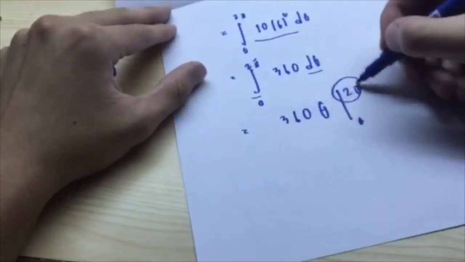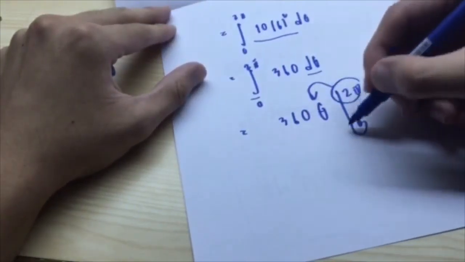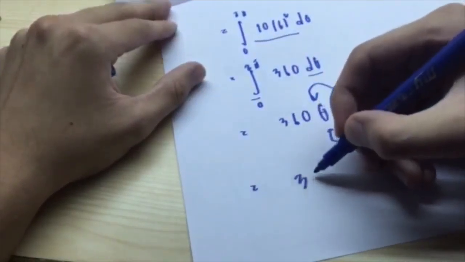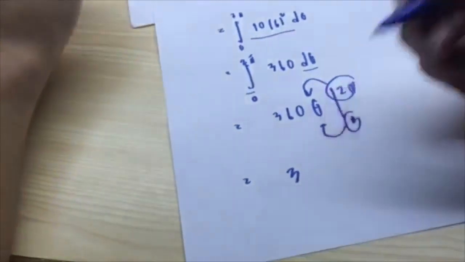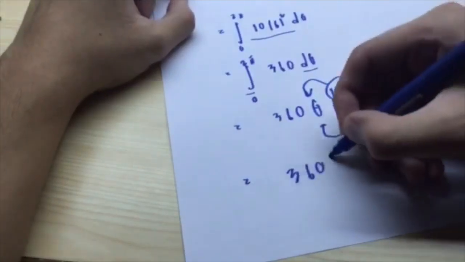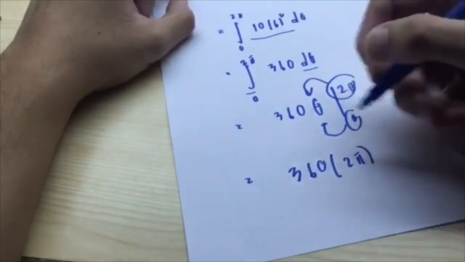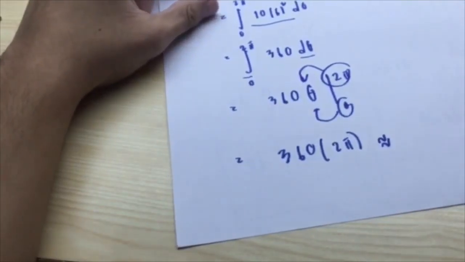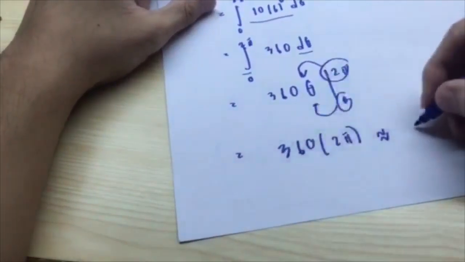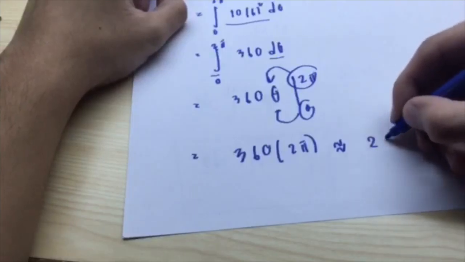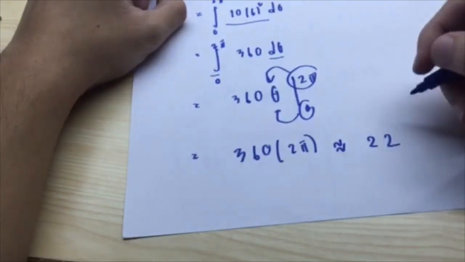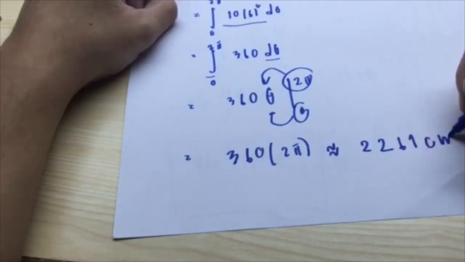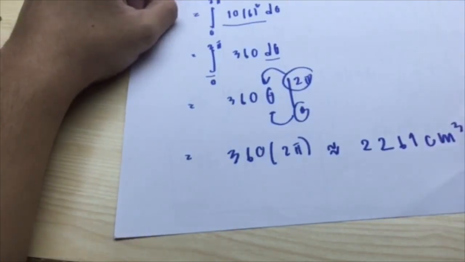And then we substitute 2 pi for θ and 0 for θ, and it becomes 360 times 2 pi. The volume is about 2,261 cubic centimeters. This is the final answer.